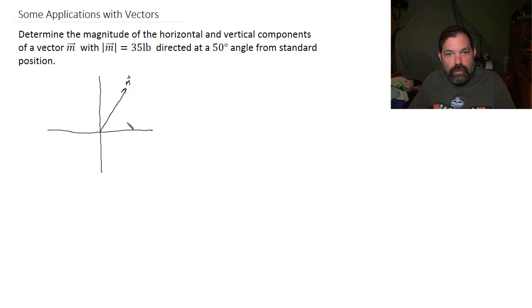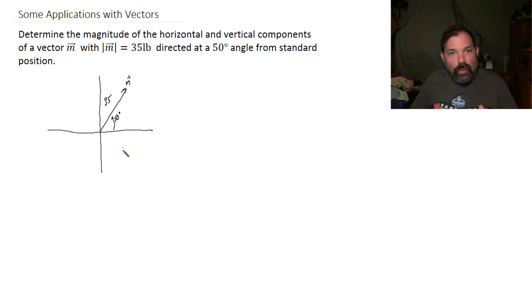There's the m vector, and it is at a 50-degree angle. Now, the basic idea is, this vector has a length 35. The length of that vector is 35, and we're asked to determine the magnitude of the horizontal and vertical components.